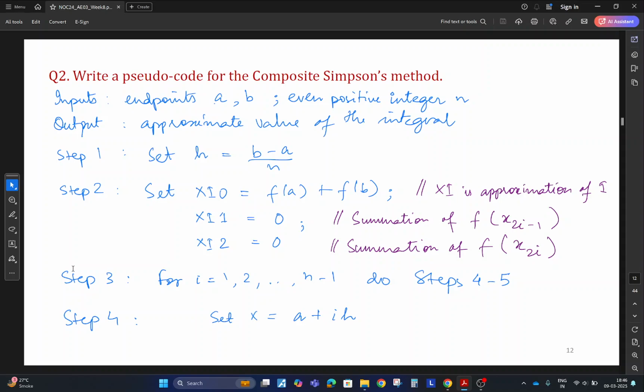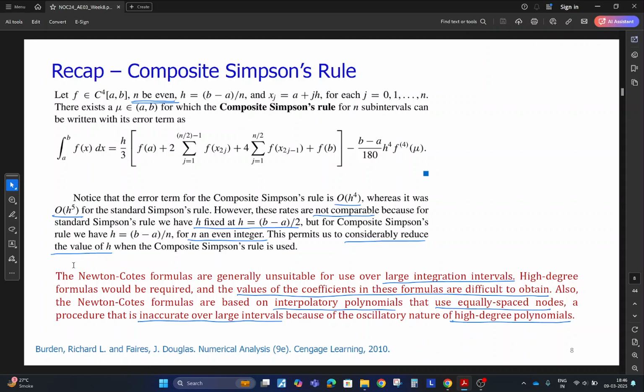In the second step, we set the value of three sums: xi0 equals f(a) plus f(b), xi1 equals 0, which is the approximation of the summation of f of x at odd nodes, and xi2 equals 0, which is the summation of f of x at even nodes. If we refer to the composite Simpson's rule again, we see these three terms, one for f(x0), one for f(x2j), and one for f(x2j minus 1).